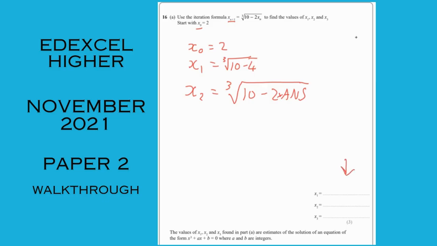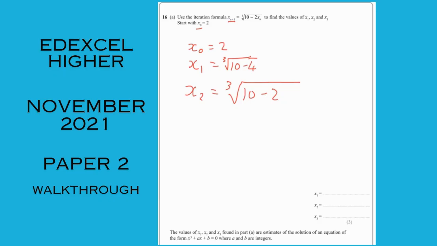Write it down, but use the ANS button. That's what it's there for. If you don't know how to use it, have a quick look. I've not done a video on it, but I'm sure someone somewhere has. And it allows you just to press equals. You could go to X5, X6 dead easily. You will need to do that for some A-level questions, doing 4 or 5 iterations of formulas. So do get used to using the ANS button ASAP.